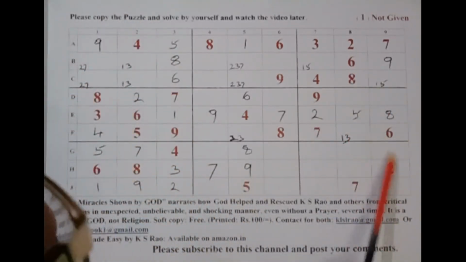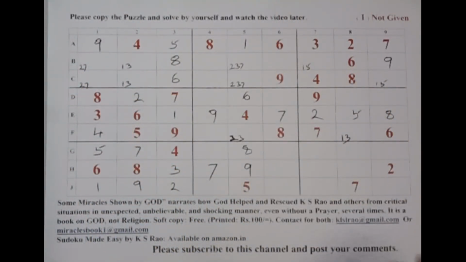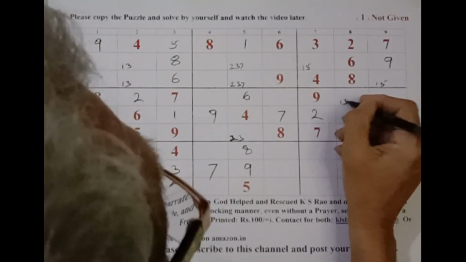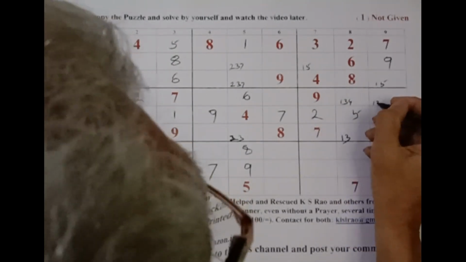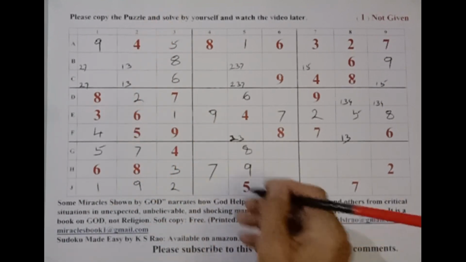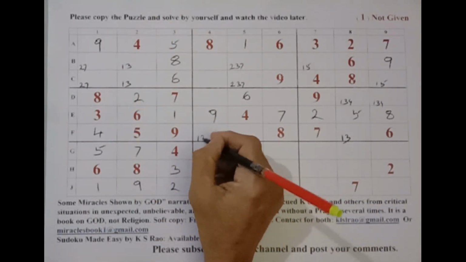And here 1, 3, 4, no cross 6. Therefore, let us write all three numbers there: 1, 3, 4, 1, 3, 4. And looking at row F, just these three vacancies are there for 1, 2 and 3. There is no cross check here. Let us fill this F4 with 1, 2 and 3.